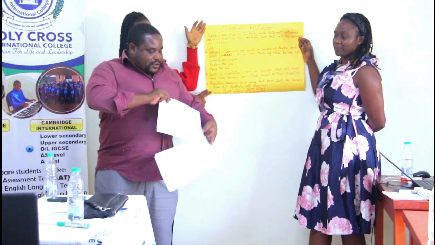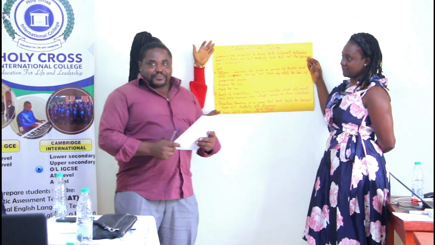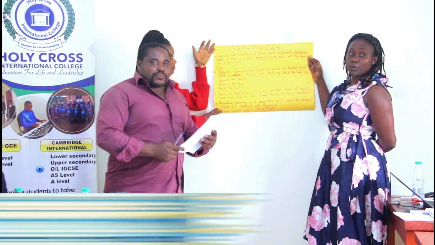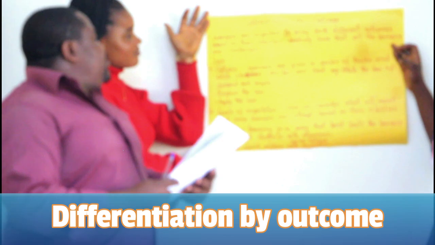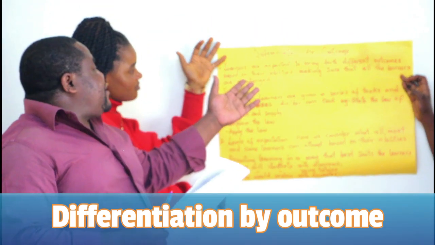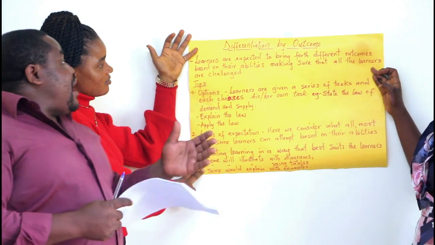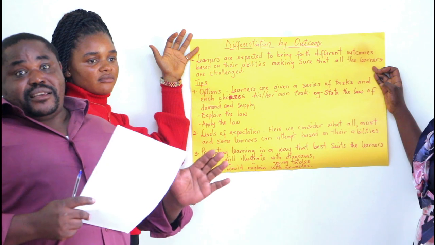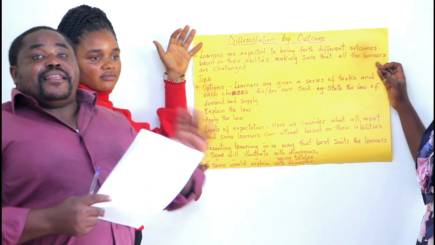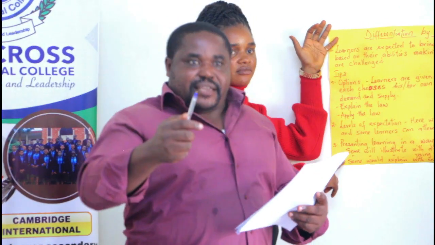We are working on how we can carry out differentiation by outcome. By outcome here, all the learners are expected to bring forth different outcomes based on their different abilities, making sure that all the learners feel challenged. Because like we said, if at any point any learner does not feel challenged, it means we have stopped that learner from thinking.